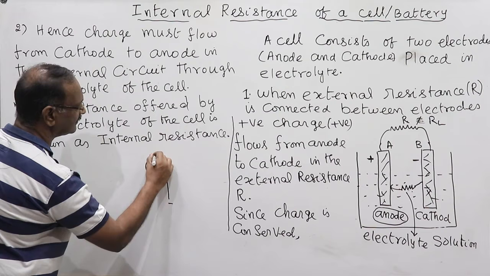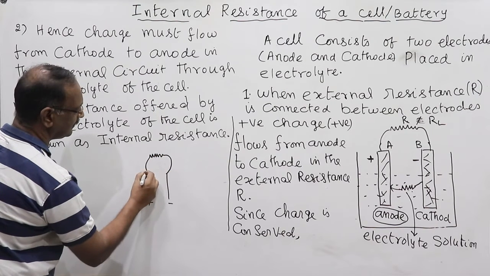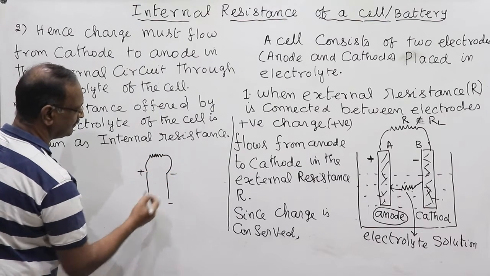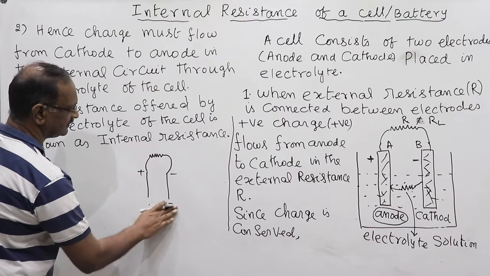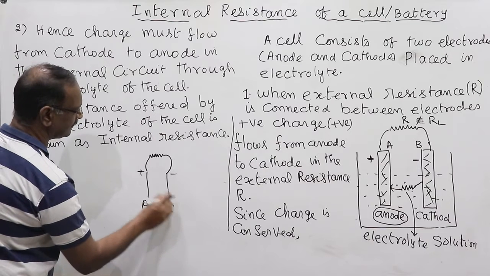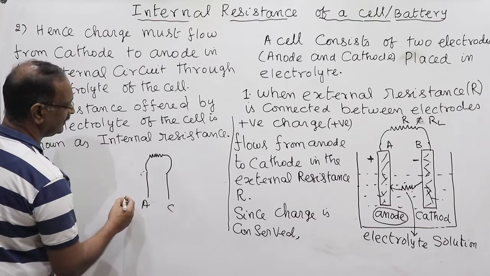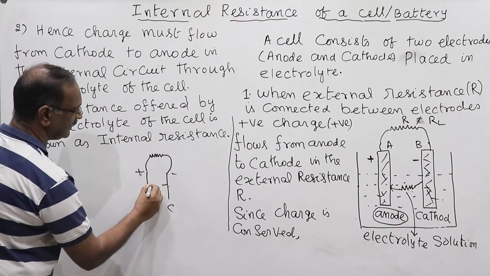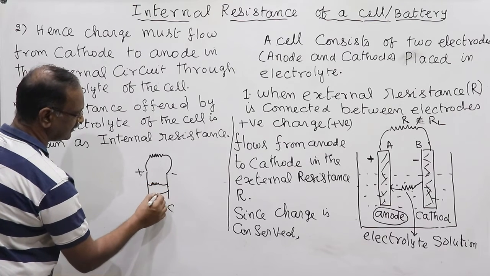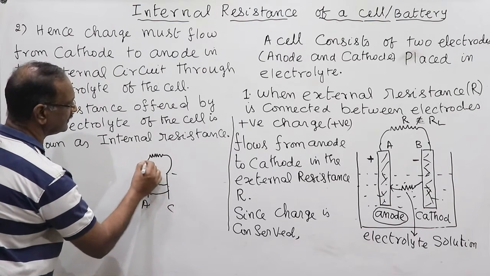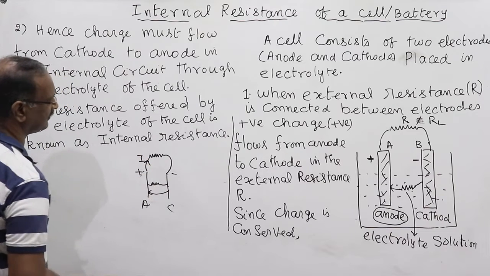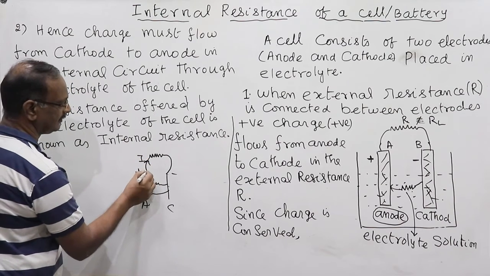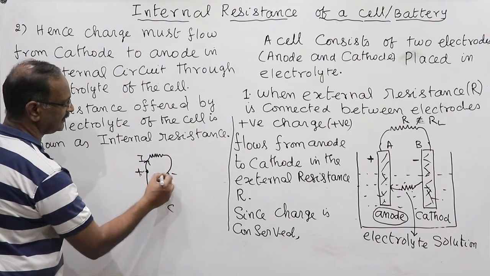When they are connected by an external resistance, current is flowing, so this becomes positive and this becomes negative, and current flows in this direction.